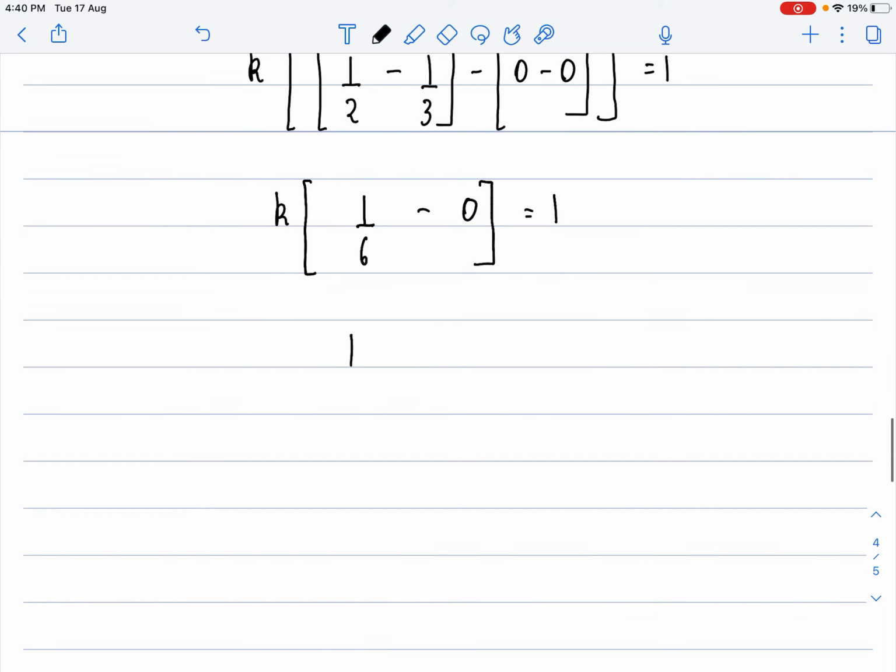So you get k over 6, which is equal to 1. So the value for k you get is simply 6, correct? This is what you get, and this is the final answer of your question.